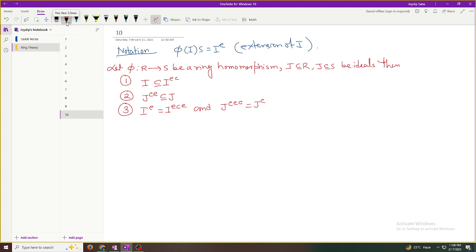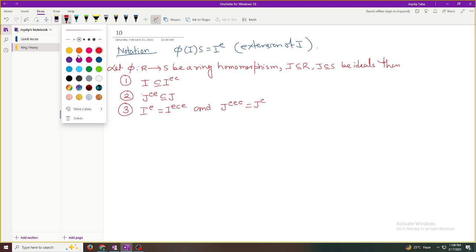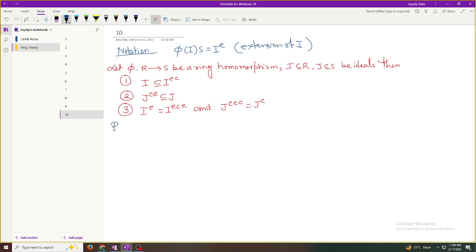Suppose I want to prove one. Let x belong to I, then what is I extension?